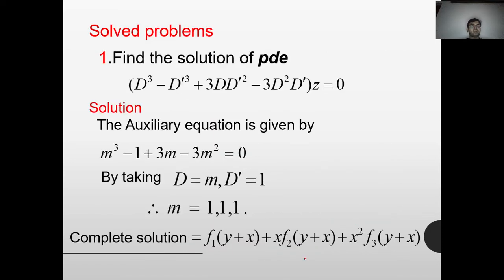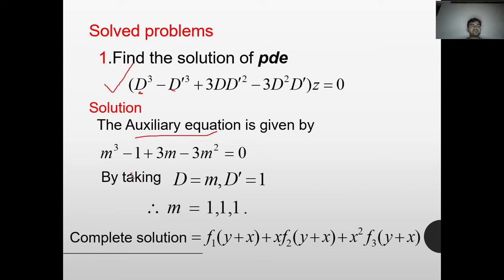First example, here we have given the partial differential equation. To find the auxiliary equation, we take D is equal to m and D dash is equal to 1. So m cube minus 3m square plus 3m minus 1 is equal to 0.